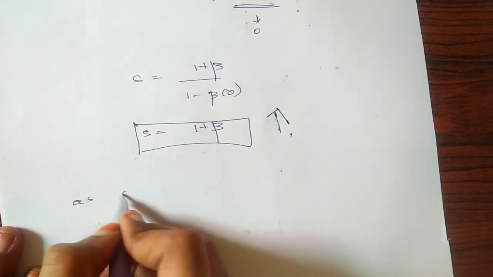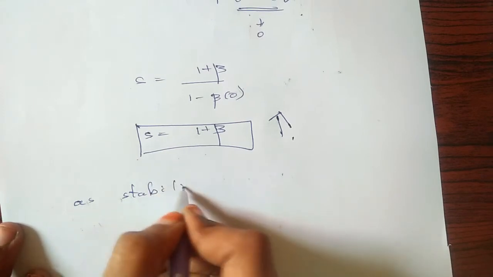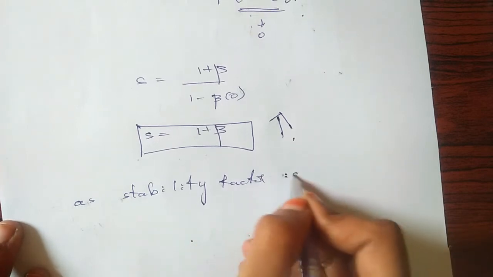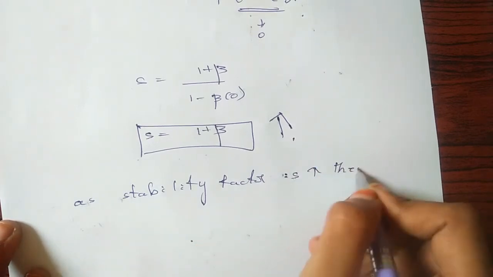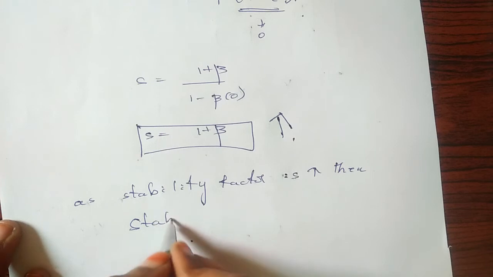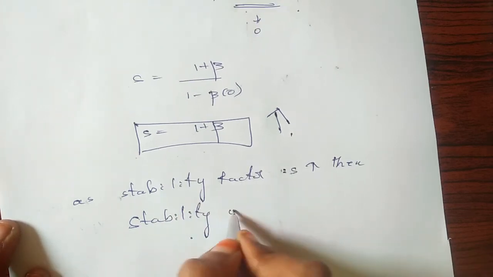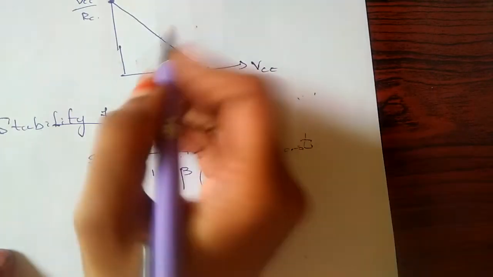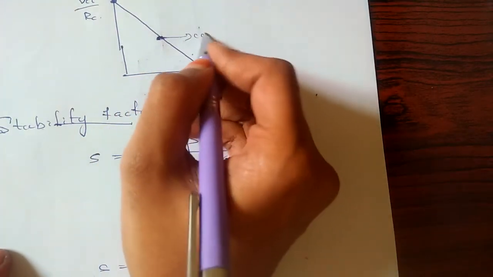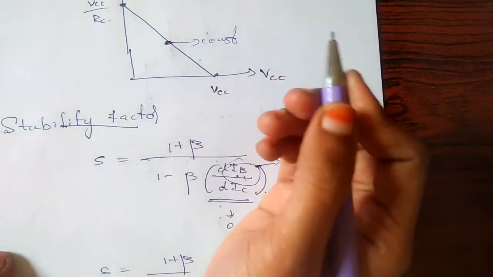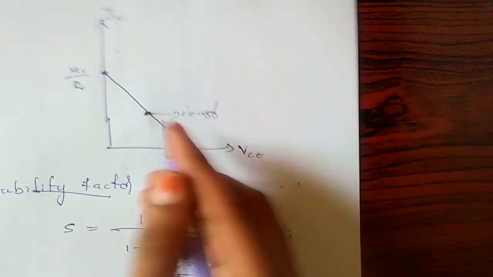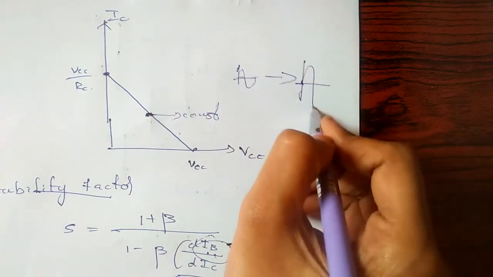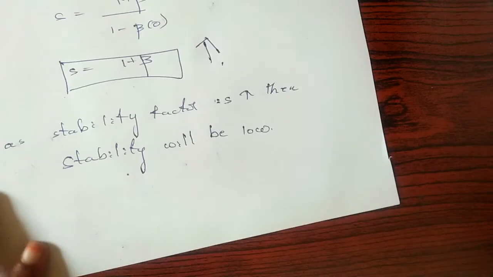As the stability factor is high, then stability will be low, so the operating point cannot be constant and it shifts up or down, where the input can be evolved with some distorted output.